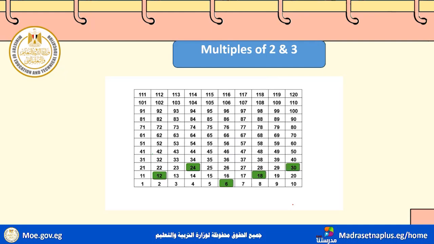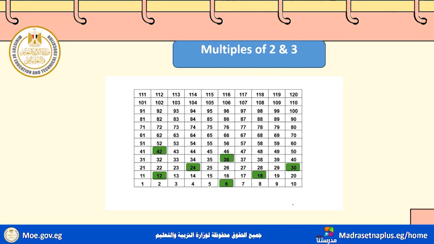What are these numbers? I didn't color 2 or its multiples and 3 or its multiples, but I colored another number. Can you guess what are these numbers?